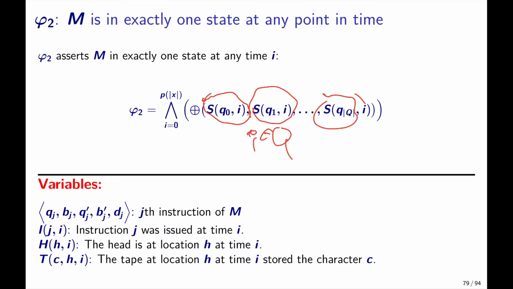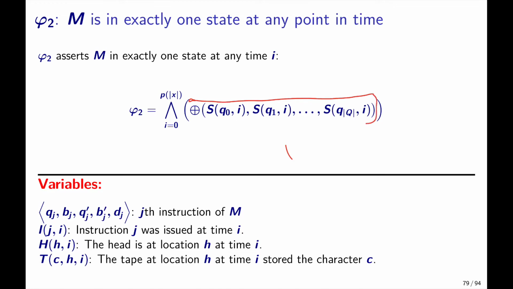Each one of them is a variable, right? It's one if the machine is in that state. And we take all those variables at time i and we take the O plus, right? O plus, to remind you, was this CNF formula that says of all of those variables, there is exactly one that is one. Okay, and now we take the AND of all those formulas across time, right? So at any point in time, this holds: only one state is in play.